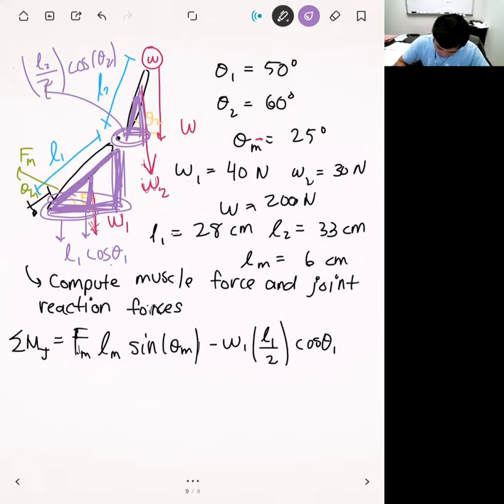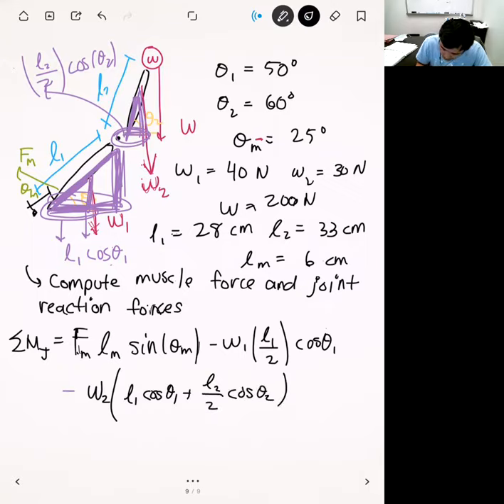We need to sum these together in order to get the total moment arm for W2. So if we sum them together, we get a minus W2 multiplied by L1 cosine theta 1 plus L2 divided by 2 cosine theta 2.